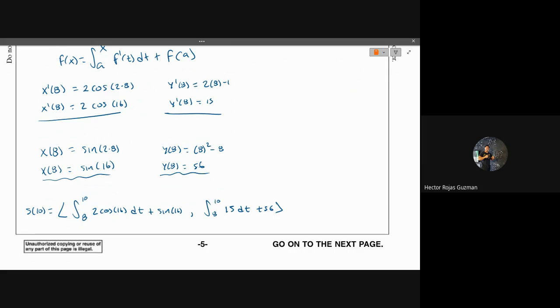And if we did everything right, which we should have, we're going to get that the particle has a position of negative 4.119, comma 86. That's the position of the particle at 10 seconds, t is equal to 10.